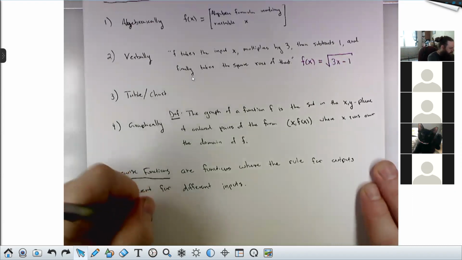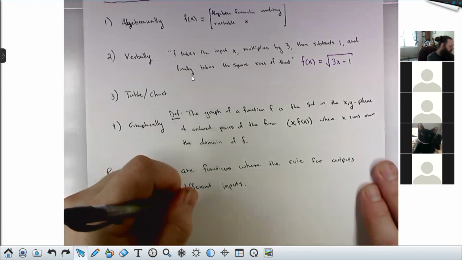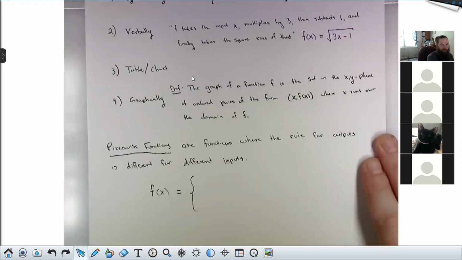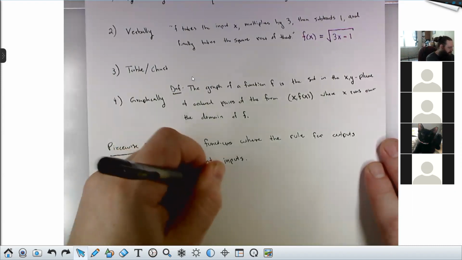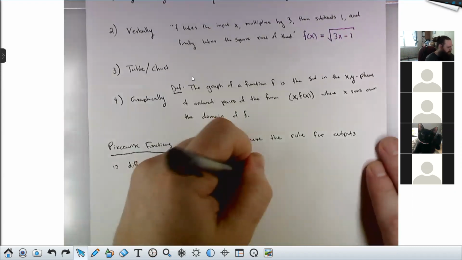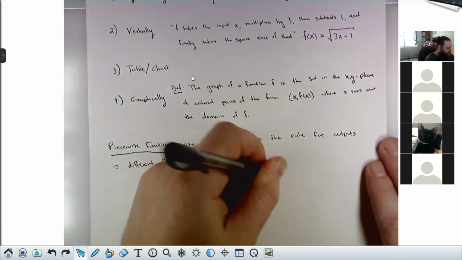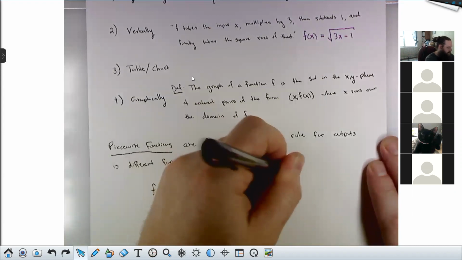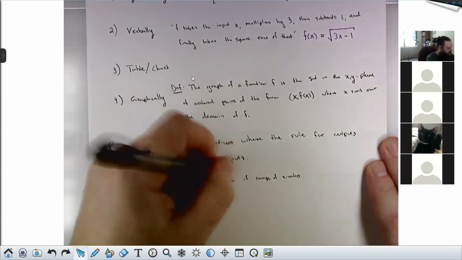But sort of the general way you'll see these things written is f of x equals, and then an open curly brace, kind of like the set notation we saw on day 1. And there will be one rule or formula here, and then some specified range of x values here. And often the word if is in between them.